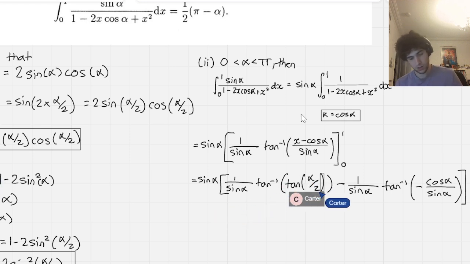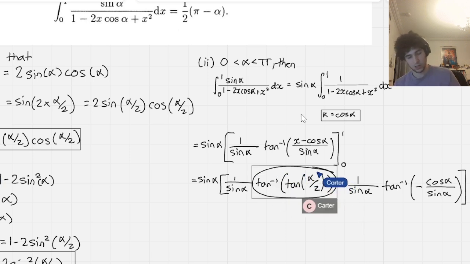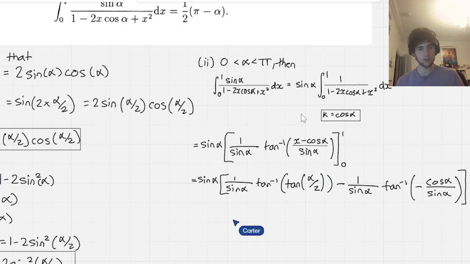And between 0 and pi, this is always going to give us alpha over 2. Arctan of tan of something: arctan and tan are inverse functions, so they cancel each other out and just give us alpha over 2.